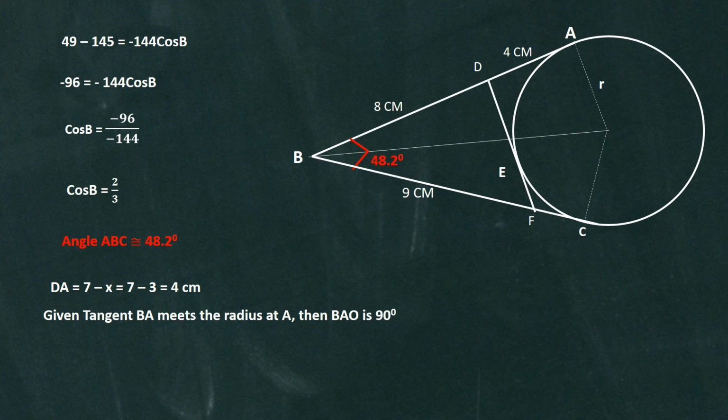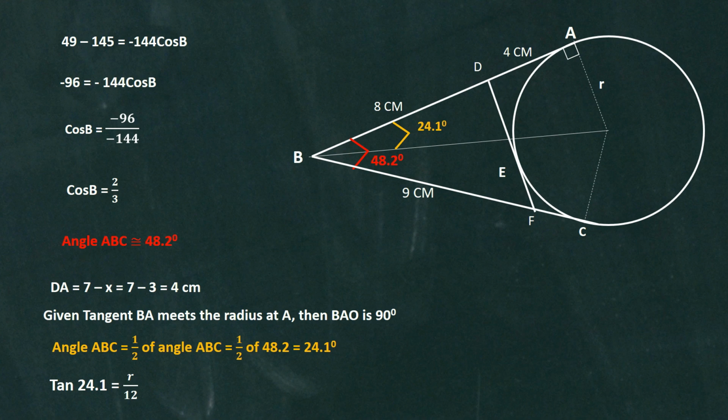We remember that the tangent BA meets the radius at A, and so that means from circle properties that BAO is 90 degrees. We do now have formation of a right angle triangle ABO, where angle ABO is half of angle ABC, which is half of 48.2 degrees, which is 24.1 degrees.